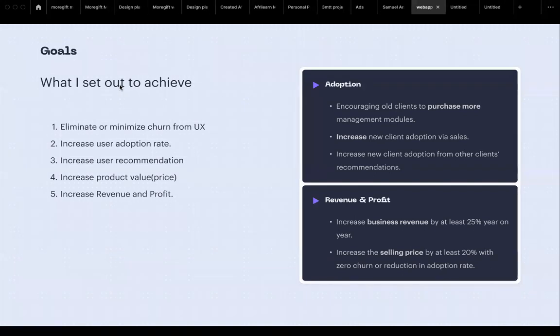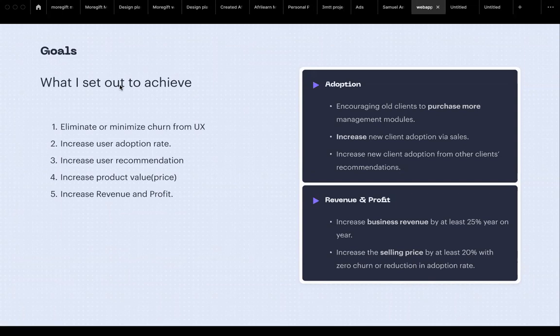So the goal was to reduce the number of people that come in and don't continue using it, then increase the adoption rate, and increase user recommendations, so people who use it will tell other people that this is good. And then increase the product value and price. If it is very valuable, the company will be able to increase the price of the product.